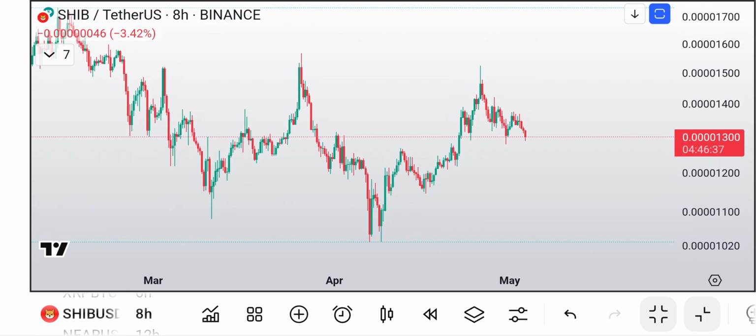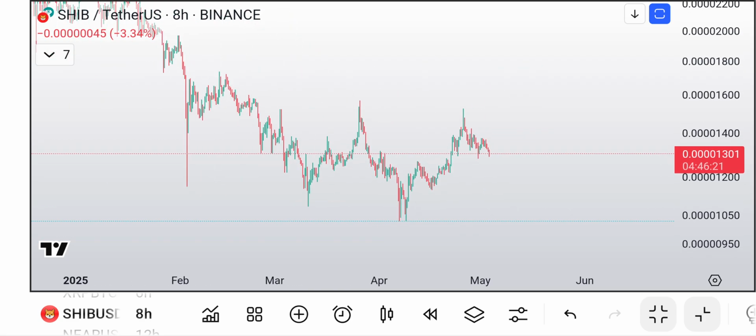SHIB looks okay. Kind of got a little 3-way pullback, maybe a 1, 2, or you get a 3. You get 3 down, 3 up, and then 3 back down, and then go up. So then you'd have like 1, 2, 3, 4, 5. So I'm looking for another wave. I want to see this come up and take the high here. 1, 2, 3, 4, 5, and then come down in an ABC, right?